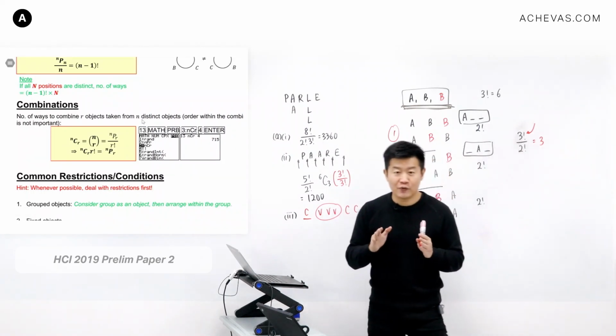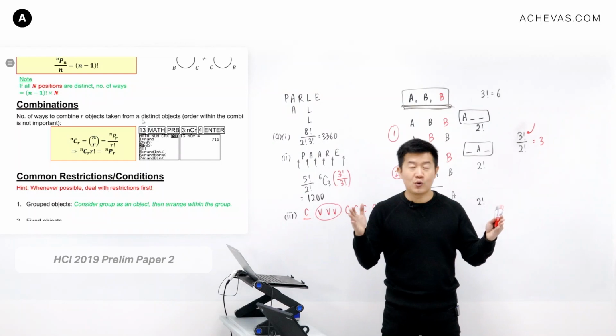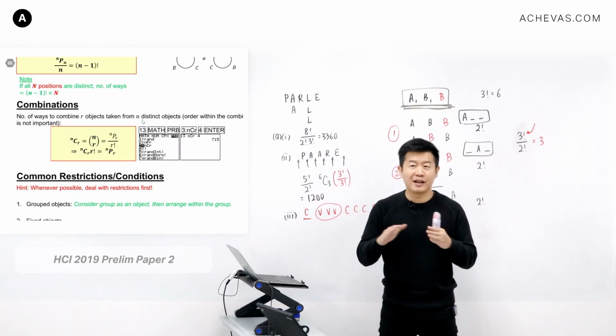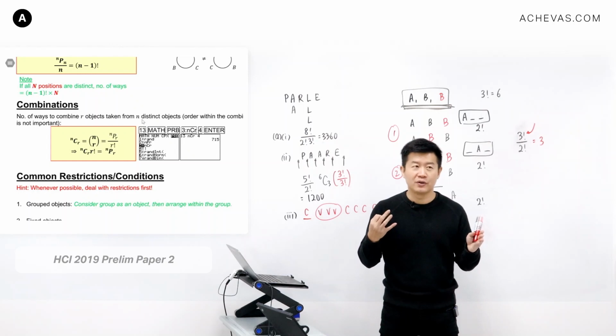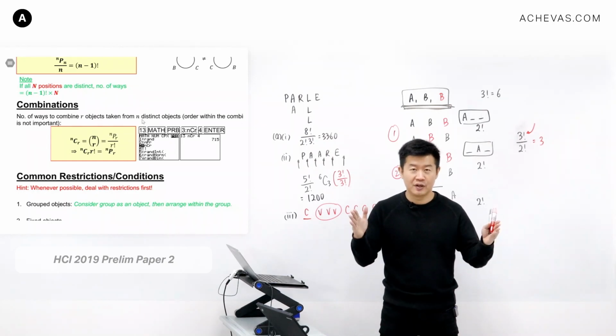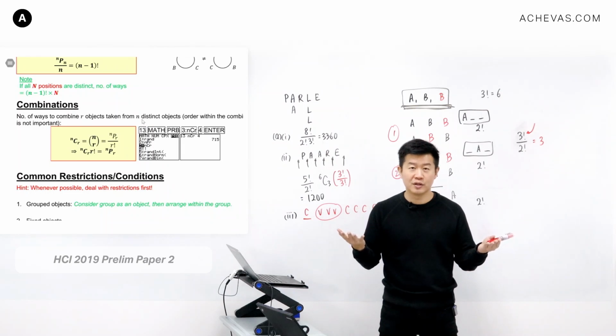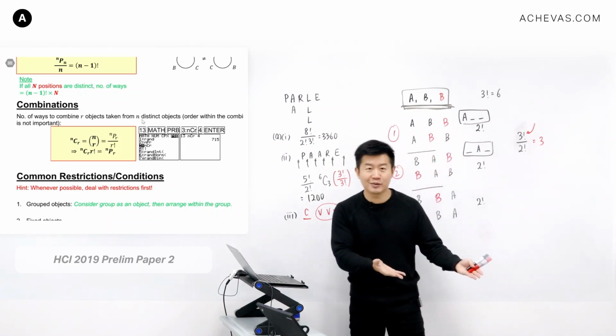Which means that if you have, for example, 4 red colored balls, they are totally identical. How many ways can I choose 3 balls from these 4 red colored balls? It will be 4 choose 3. Wrong. 4 choose 3 gives you 4, and that is unrealistic, right?